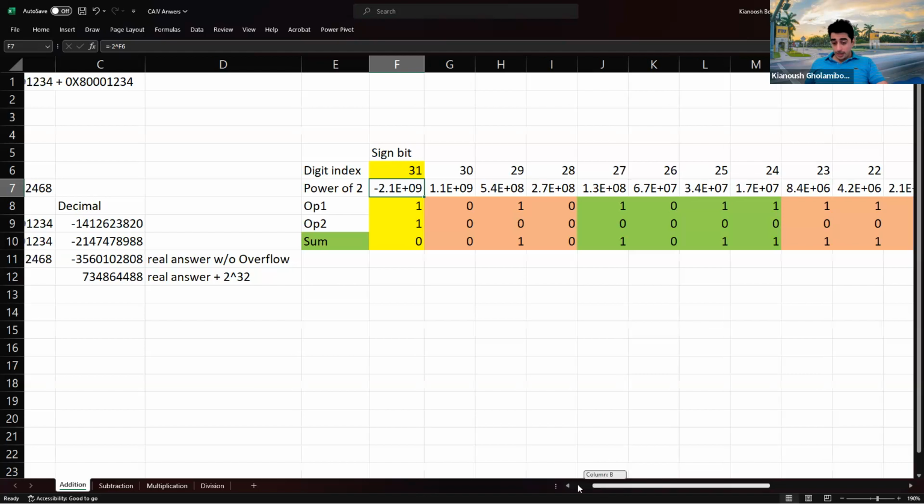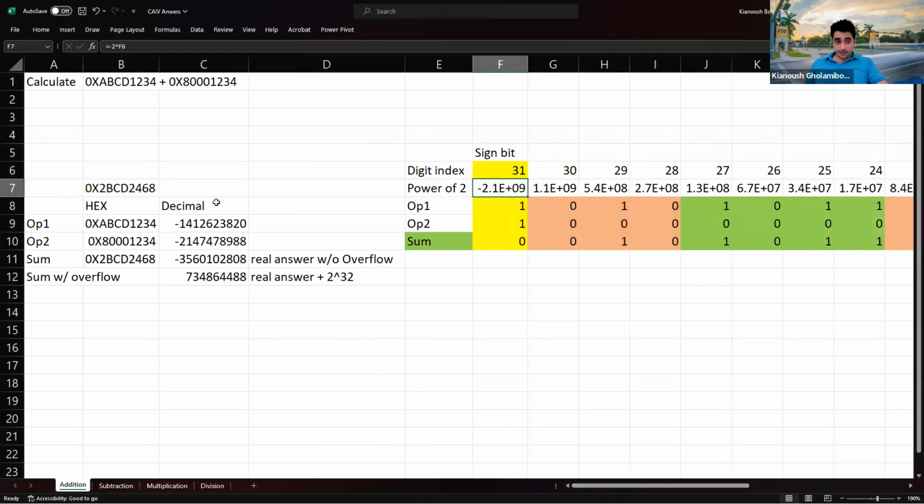After you write down all the weights, you need to find the sum product, as you see in this formula, of the bits and the powers of 2.